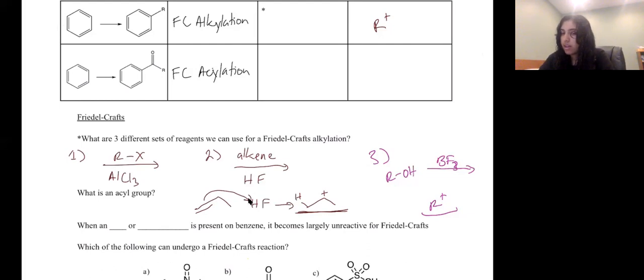It's an X or a halogen attached to a carbonyl over AlCl3. Technically, it's called an acyl halide. So an acyl group is basically just this. If we add a halogen to it, this is called an acyl halide. And then that goes over a Lewis acid catalyst.